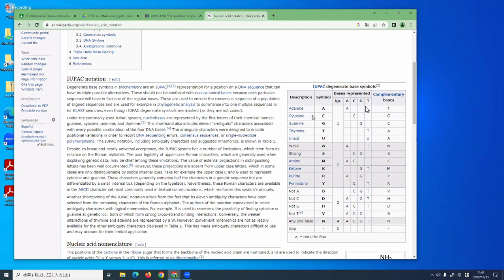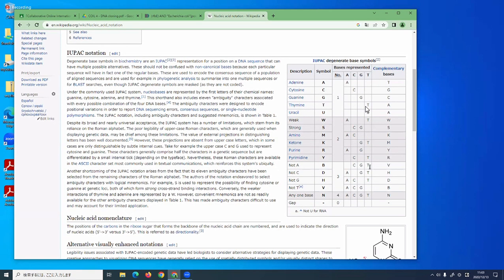We don't use U because U is for RNA. But if you have multiples, you can use this one. So for universal primers, sometimes we use M because that location can be an A or a C, right?